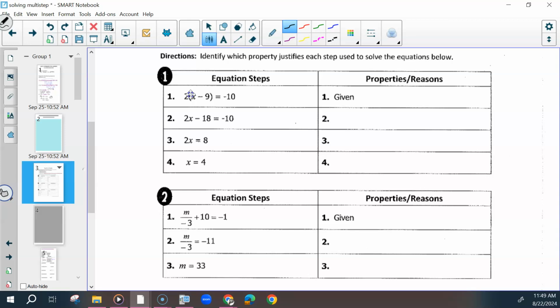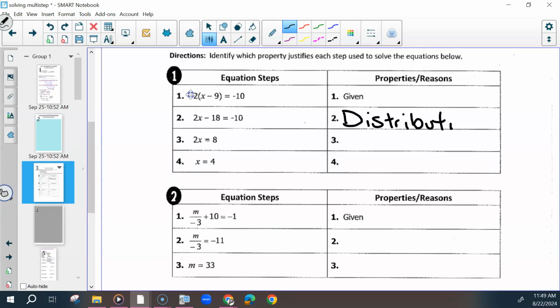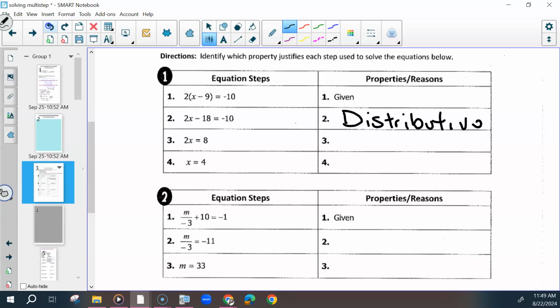So this, we use the distributive property, which is multiplying. But we have to remember that's what we're doing when we distribute. We're multiplying across whatever's there. And then from step 2 to step 3, what changed?